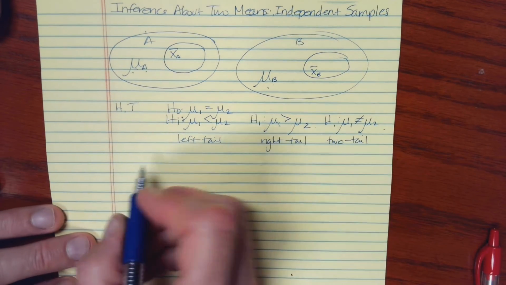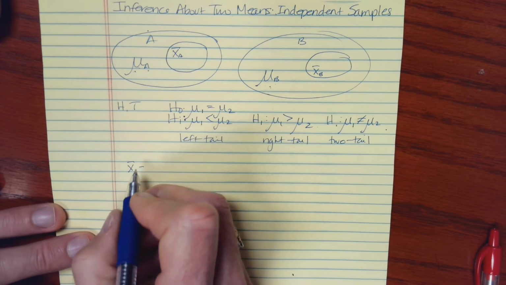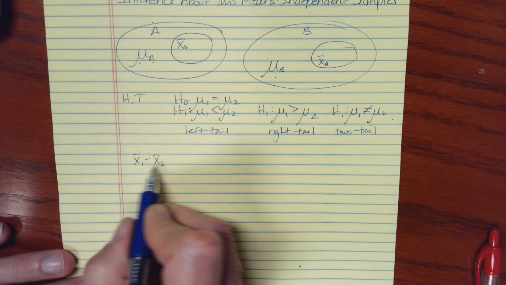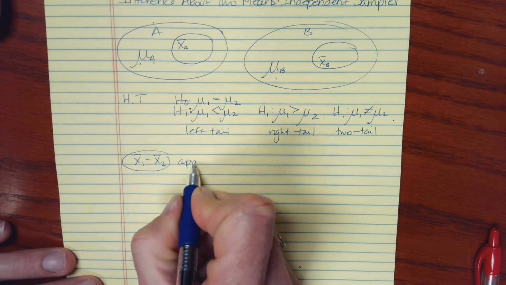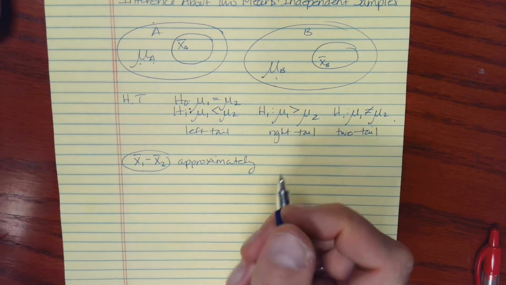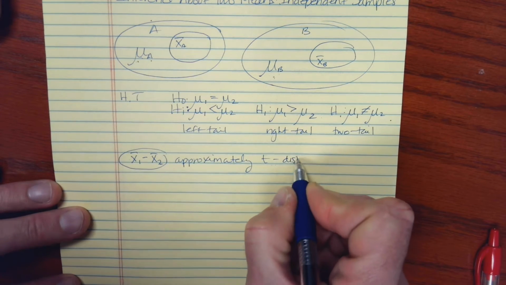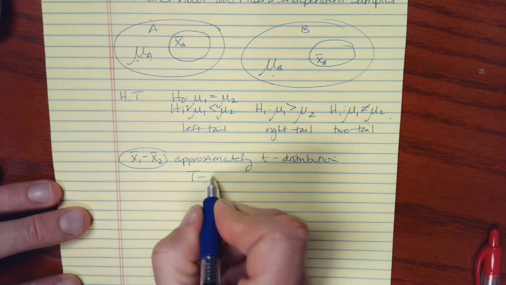So it turns out that when we look at this X bar from group 1 and X bar from group 2, if we take the difference in those, this statistic approximately follows a t-distribution. And so we can conduct a t-test.